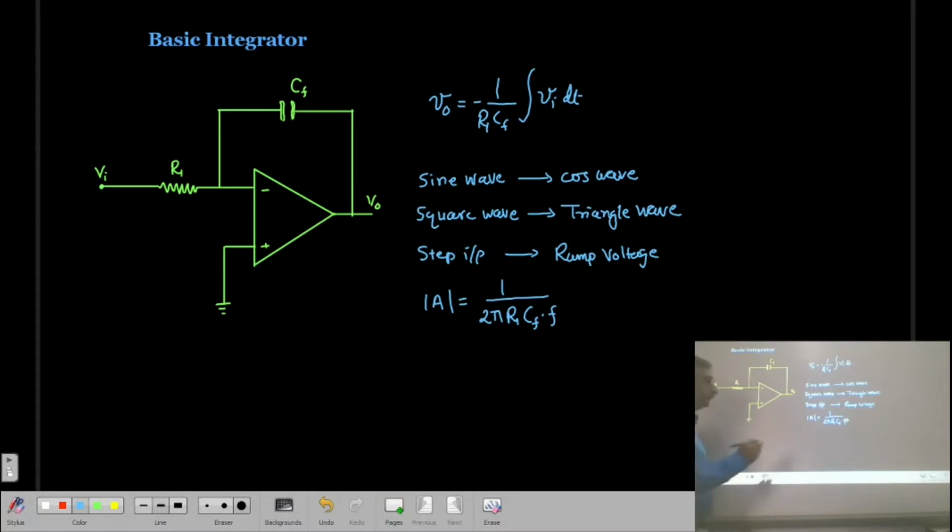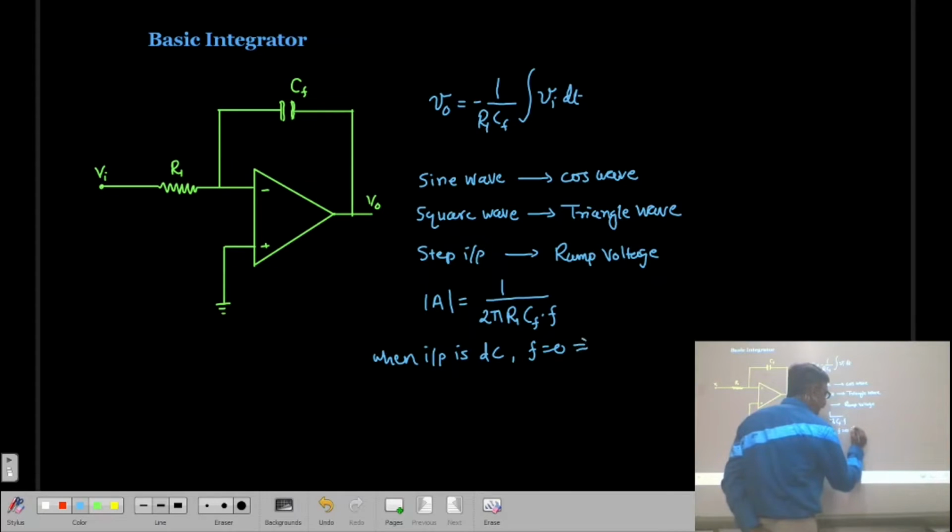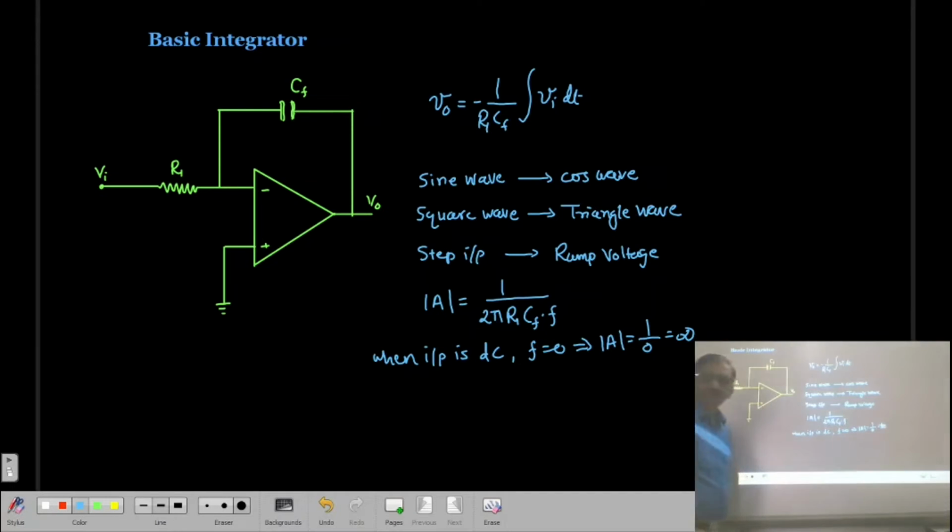Now, if there is no AC signal, or you can say we apply a DC, then for DC the frequency is going to be 0, and in that case, if you calculate the gain, it is going to be infinite.